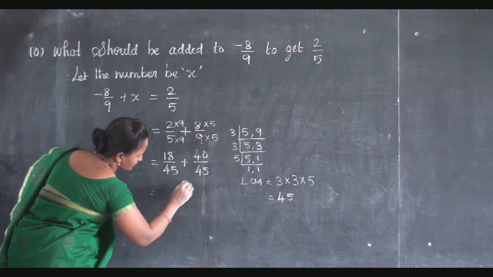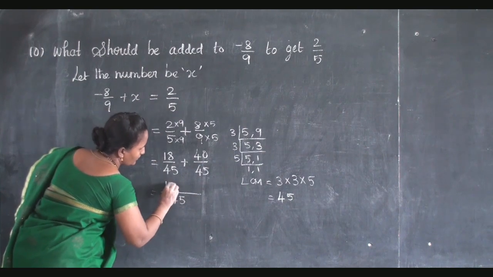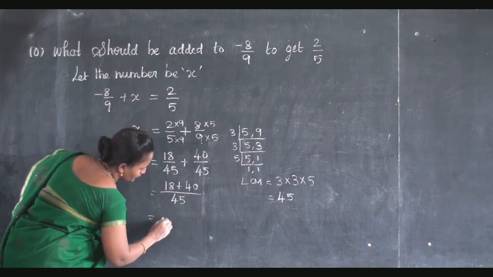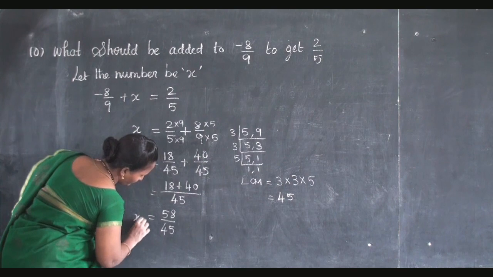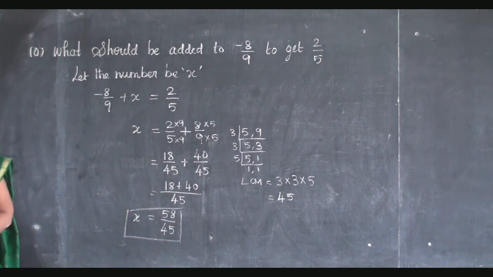Now the denominators are the same. Put in common 45. 18 plus 40. Add this number, 58 by 45. So that number is 58 by 45.